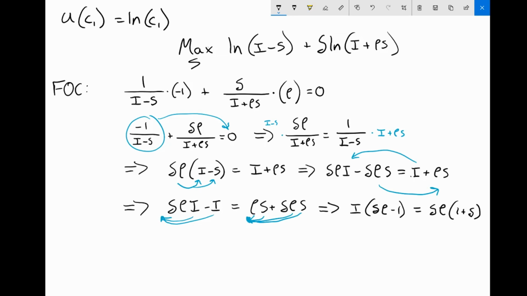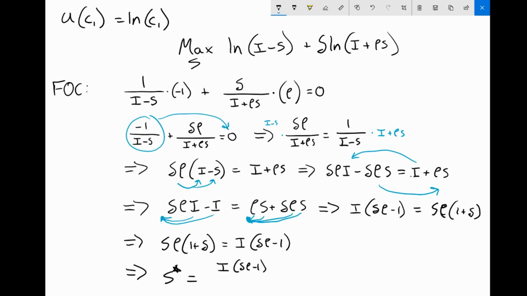Okay, and I'm just going to switch sides so that I have S on the left side. It's just a matter of preference. So I have S rho times 1 plus delta equals I times delta rho minus 1. Then I'm going to solve this for S, and we're going to get S star. S star equals I times delta rho minus 1, divided by rho times 1 plus delta.